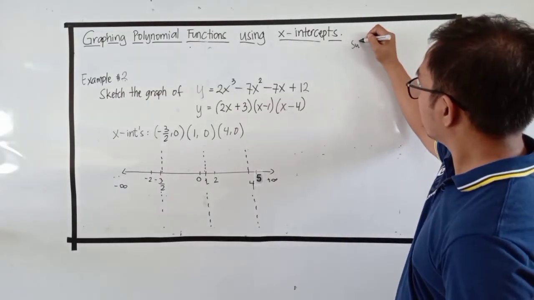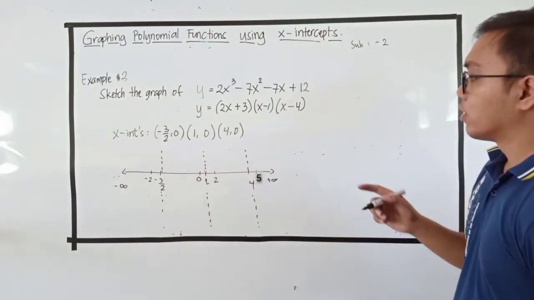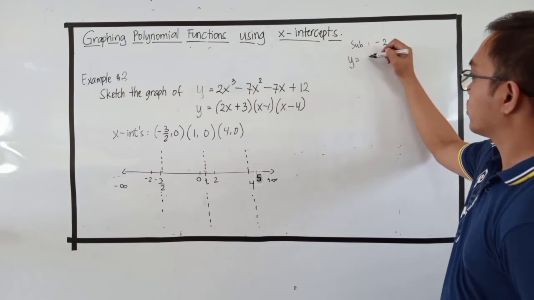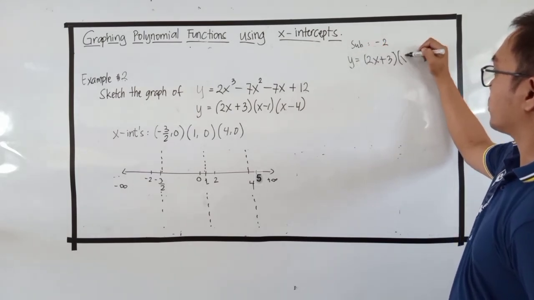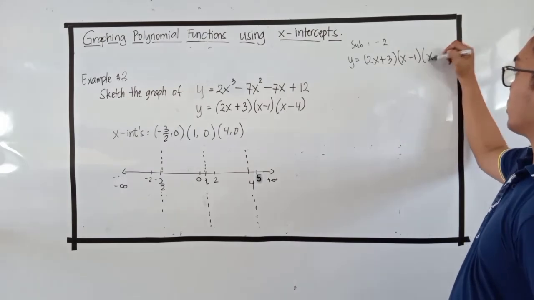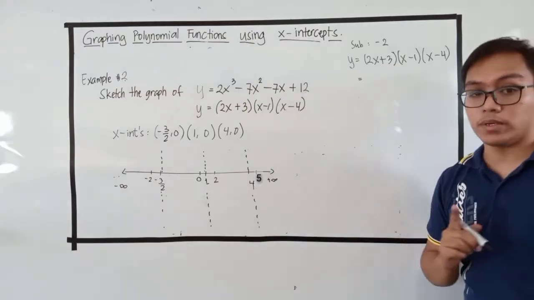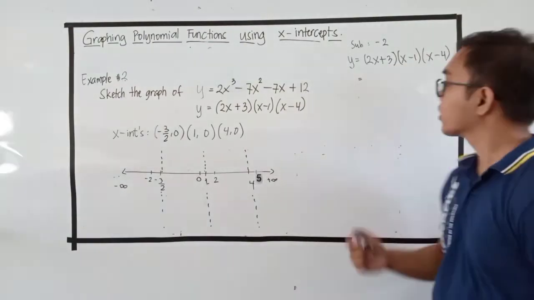We substitute negative 2. Let's use the factored form. So y equals 2x plus 3 times x minus 1 times x minus 4. Remember, we just need to get the sign, not the exact value of y.